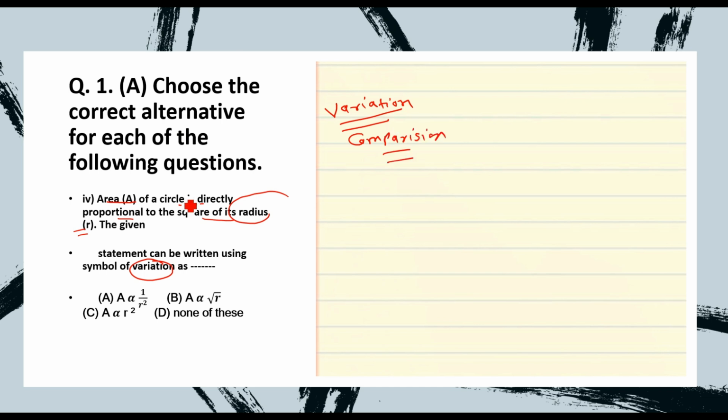Here in this particular question we have the area of a circle. So first we consider the first variable, the area of a circle, and in mathematics it has to be assumed with a certain symbol.